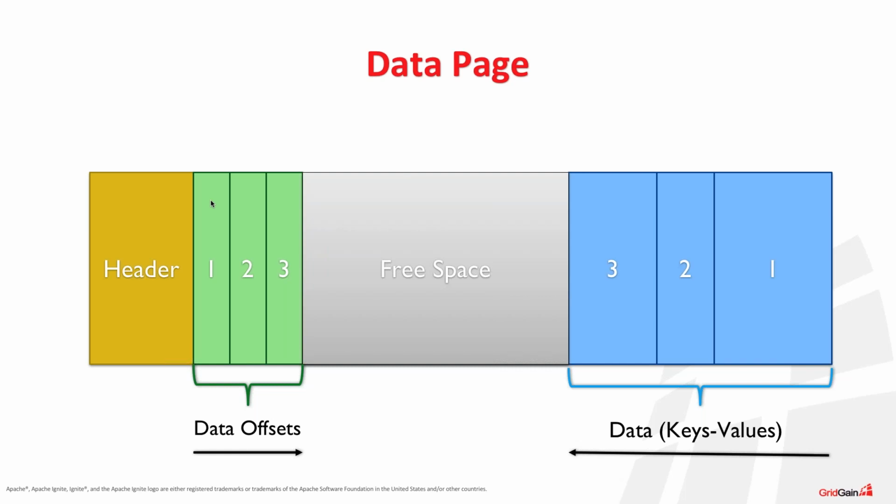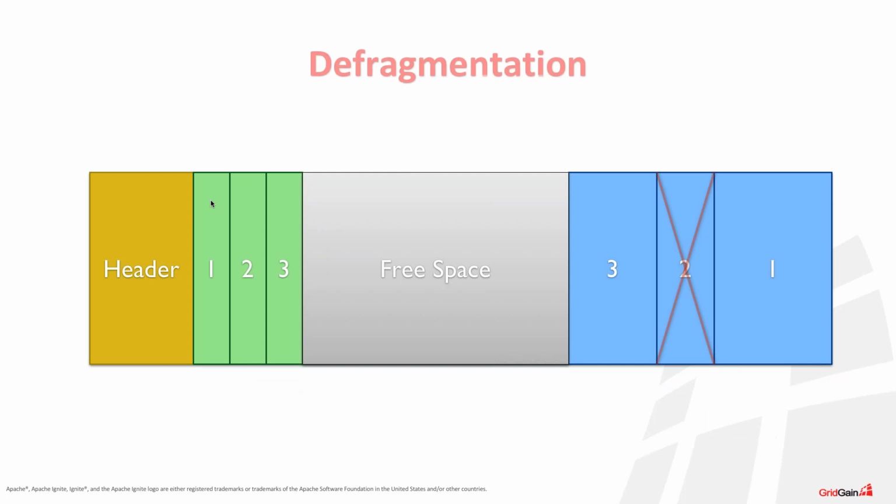Well, now let's take a look at the defragmentation, how the defragmentation is implemented. Let's assume that your application decided to remove the key value record 2.